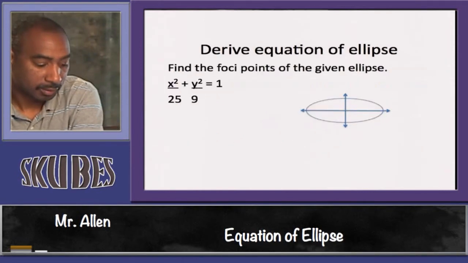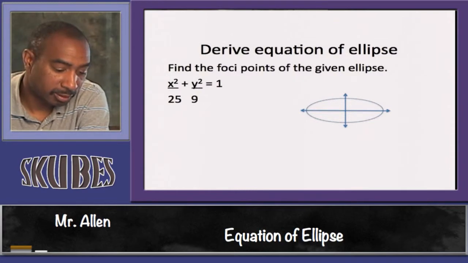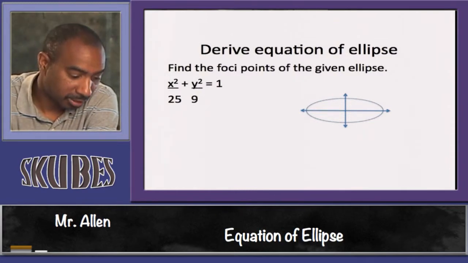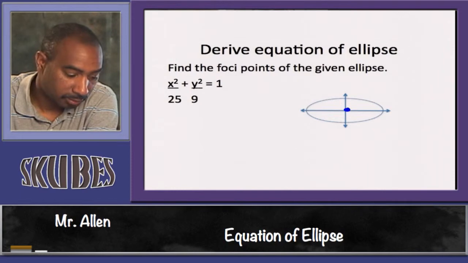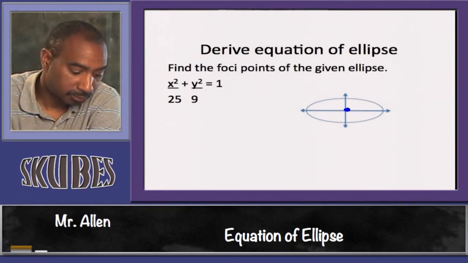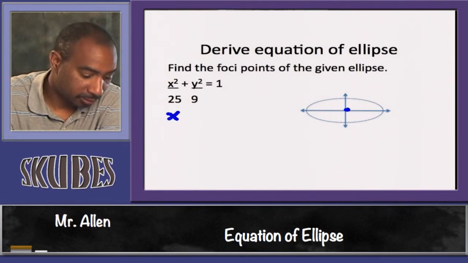For example, it says find the focus point of the given ellipse. And we're assuming this is centered around the origin because you just have x squared plus y squared at the top.